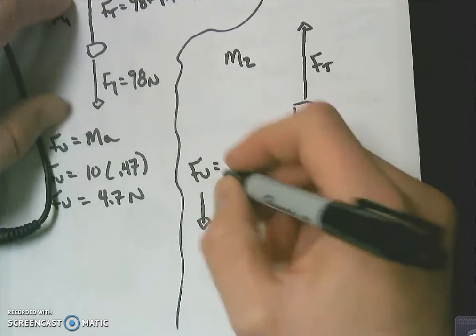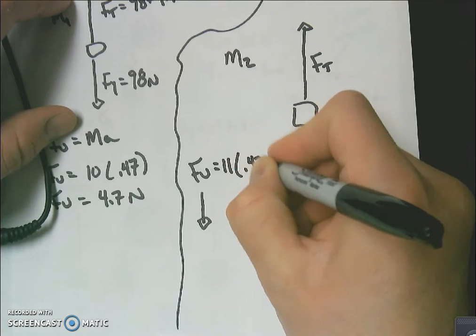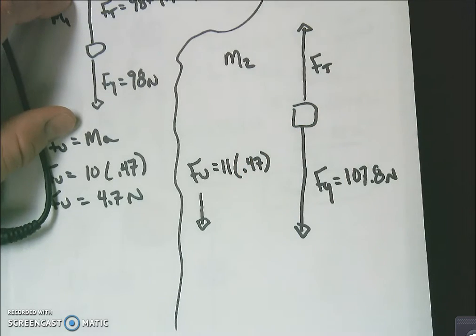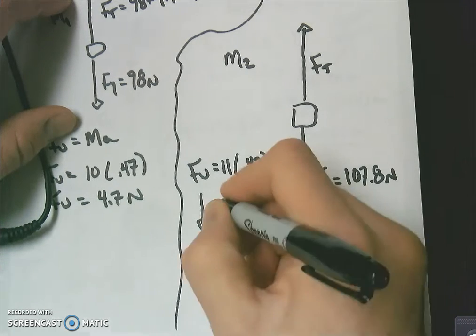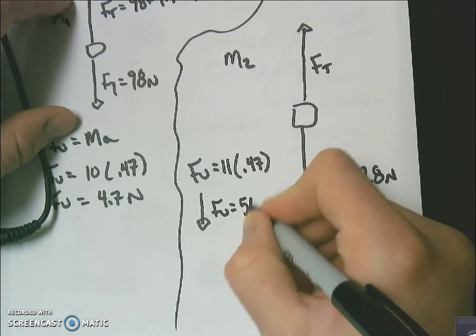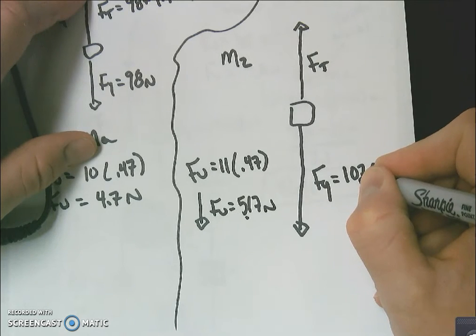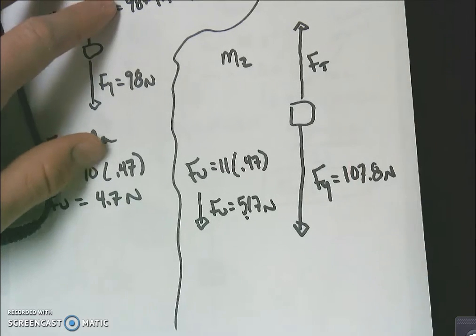But that said, we still have our acceleration and we still have our mass. So I have an 11 kilogram mass and my acceleration is 0.47. And so 11 times 0.47 now is going to give me 5.17. So my unbalanced force downward is 5.17 newtons. So that means this is 5.17 larger than my force of tension.